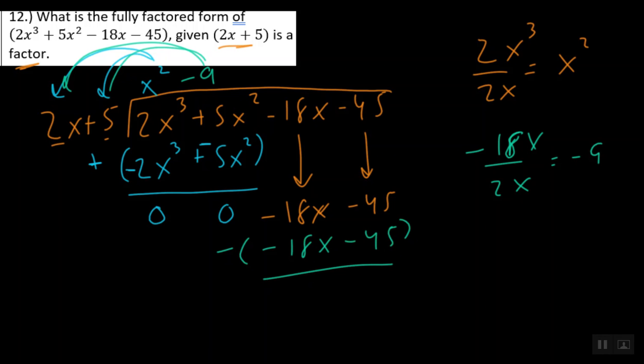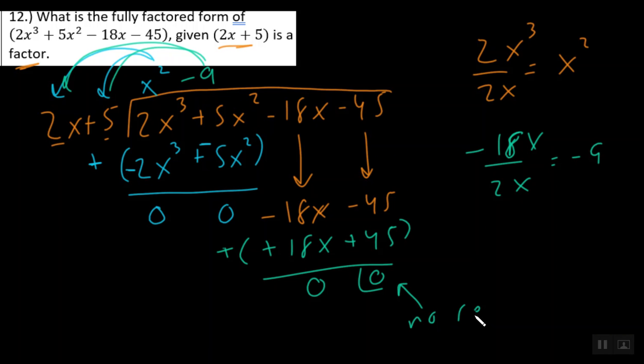Notice that these two things are the same, so if I subtract them I should get 0, but let's just work it out. A negative times a negative is a positive, a negative times a negative is a positive, and here negative 18x plus 18x is 0, and negative 45 plus 45 is 0, and this is pretty interesting.